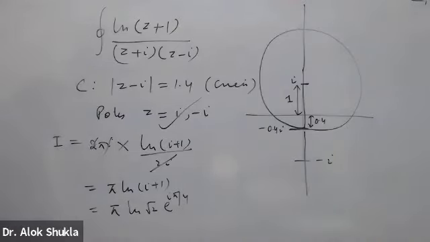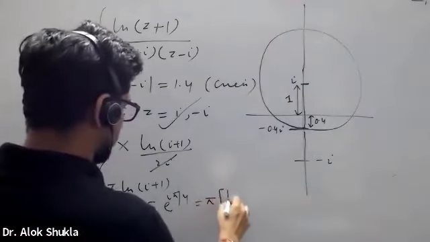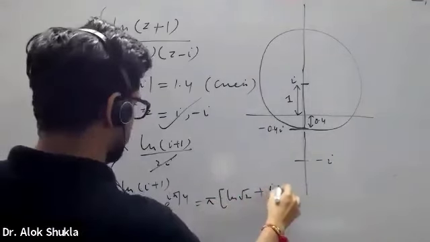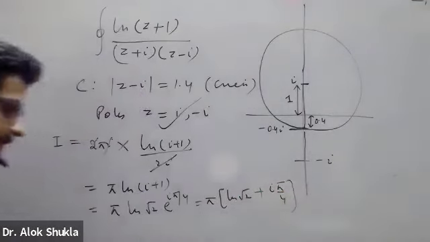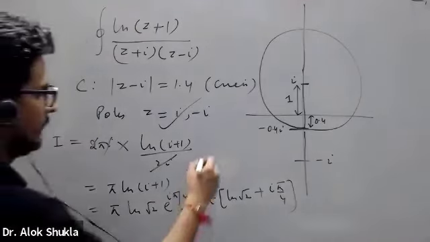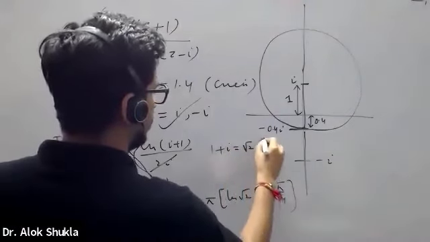You remember this? So this will become pi ln of root 2 plus i pi by 4. This will be the answer. Please check this. If there is any doubt, feel free to ask. I have written 1 plus iota is equal to under root 2 e to the power i pi by 4.